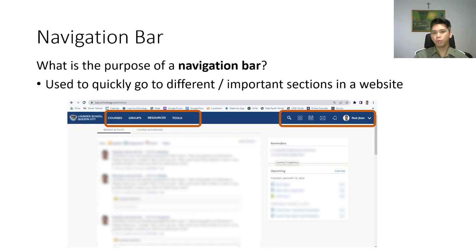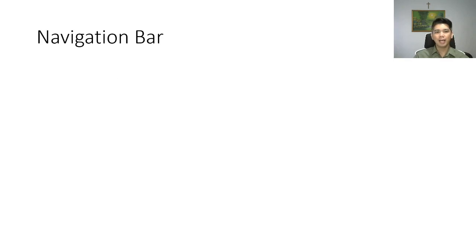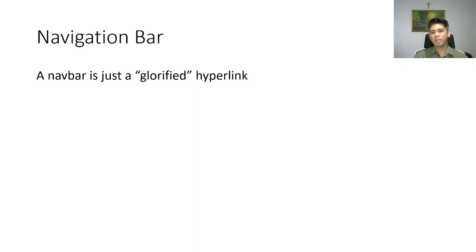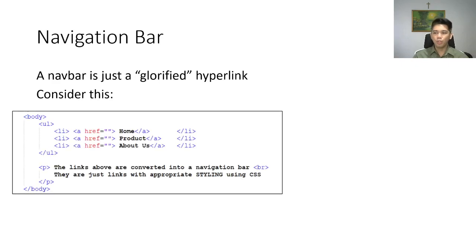So how do we go about it? How do we add a navigation bar? Actually, a navigation bar is just a glorified hyperlink. Let's take a look at this code. You will see that there are three anchor tags. Now, these anchor tags are written inside an unordered list.